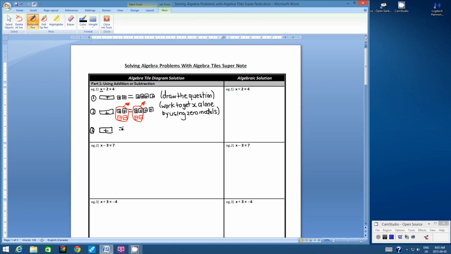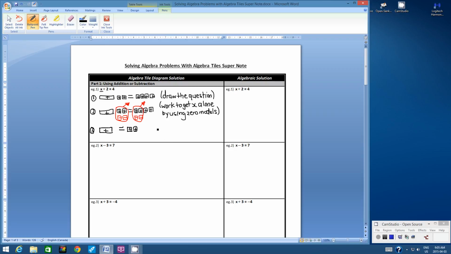Then we have the equal sign. Don't forget the equal sign. Remember, these are all algebraic equations. And what's left on the right-hand side? We have two positive tiles. So if you were to translate this diagram, the answer would be x equals 2, or positive 2.